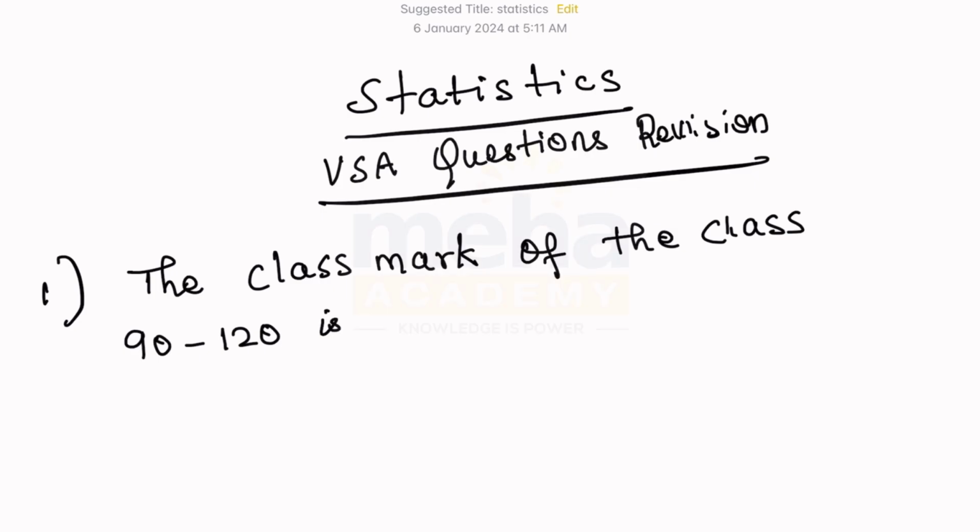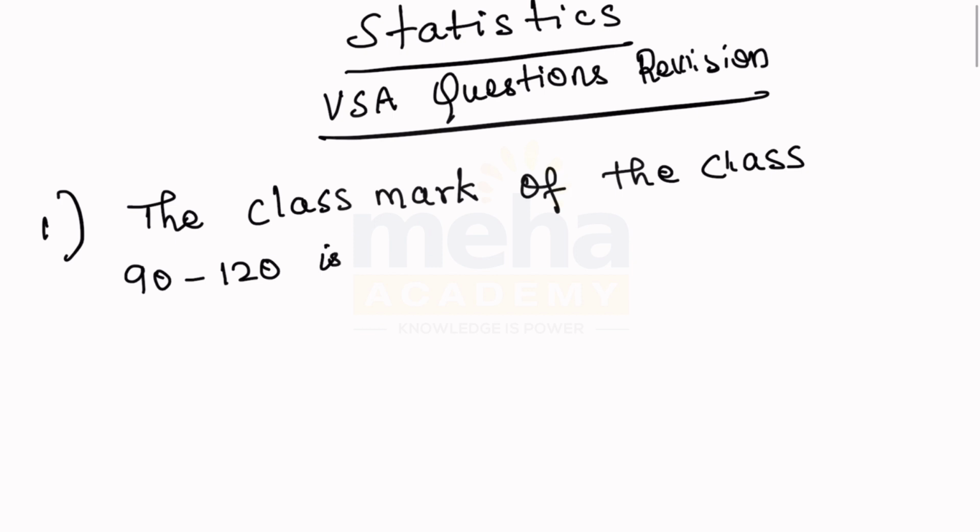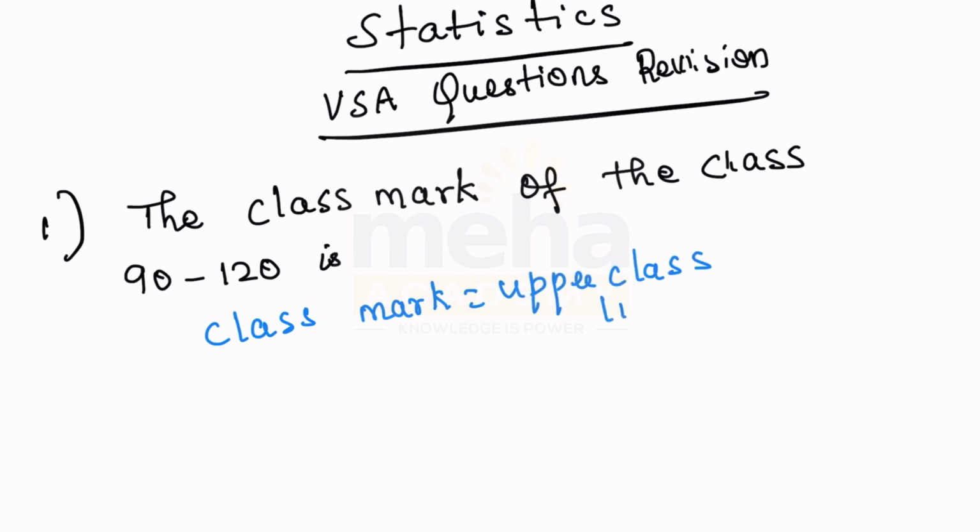Children, in this video we will see descriptive questions related to the statistics chapter. The first question is: find the class mark. First we'll write the formula. Class mark is given by the formula (upper class limit plus lower class limit) divided by 2.